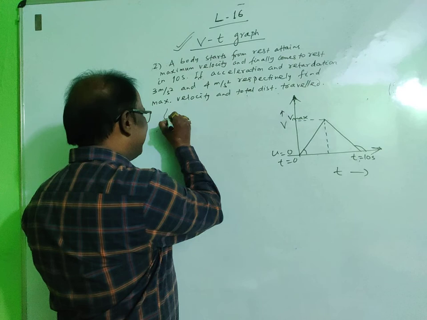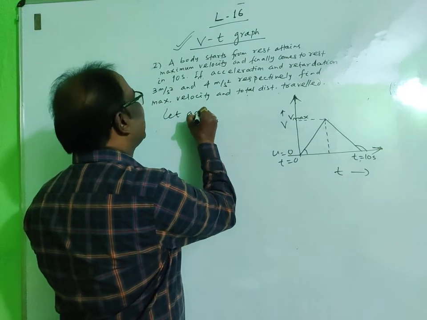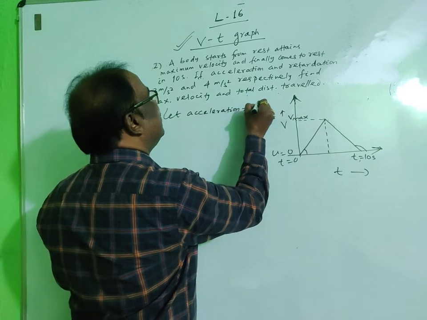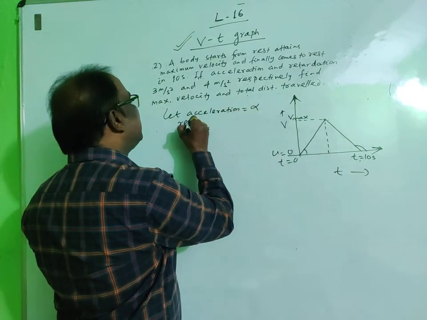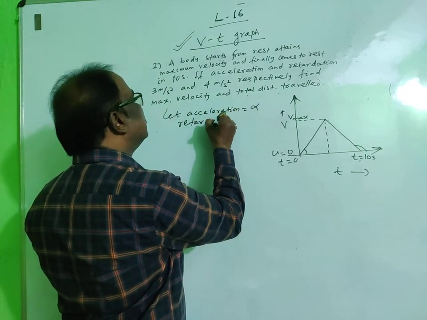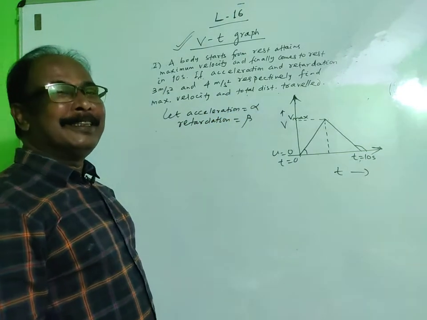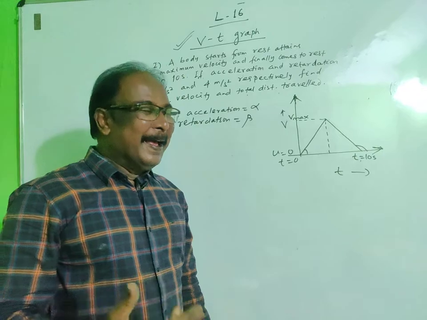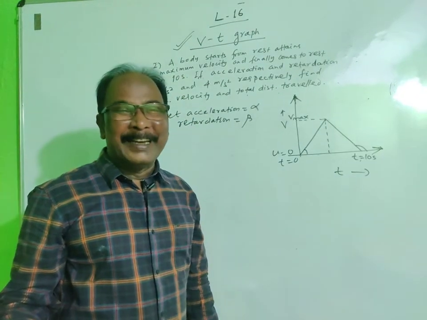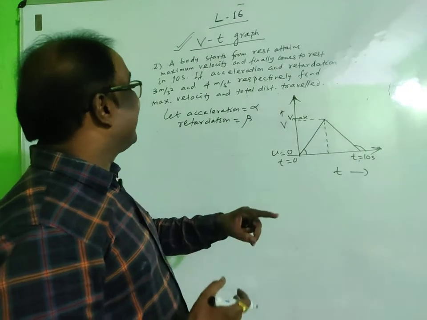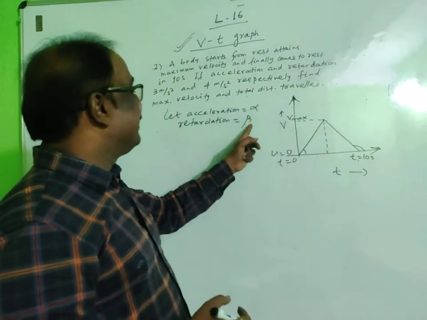Let acceleration be alpha and retardation be beta. This numerical is called an alpha beta numerical. I am not taking numericals now, I am taking variables.